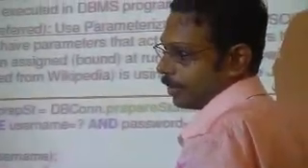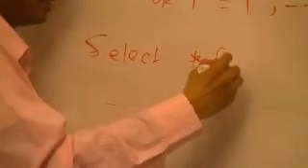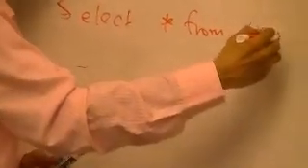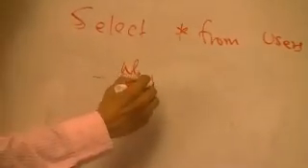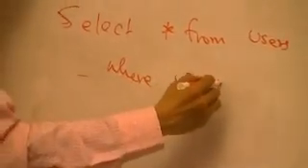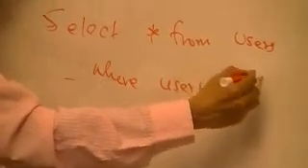Okay? So for example, let's stop with that. Let's say select star from the table users where user ID equals question mark. So this is a query. Okay, different from this, but this is probably easier to understand.